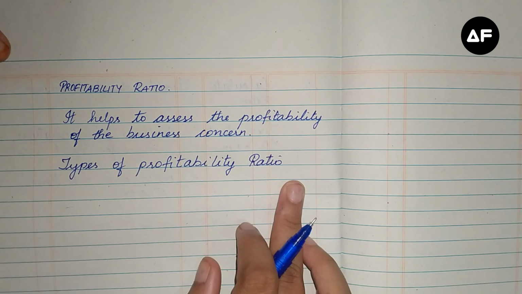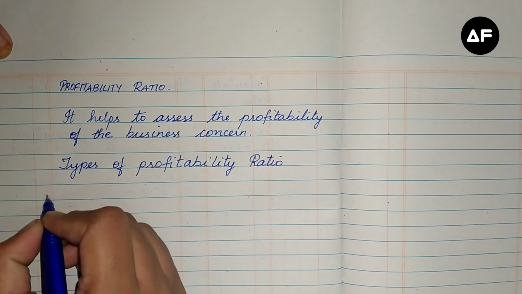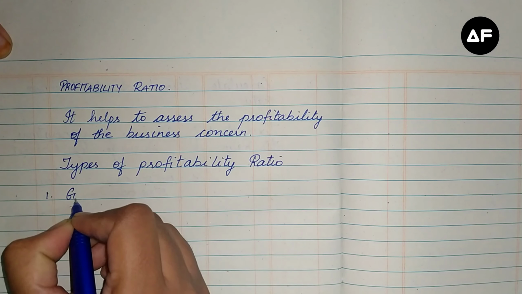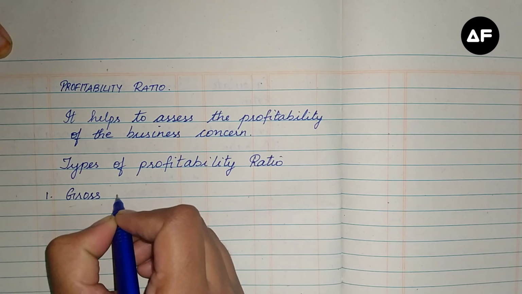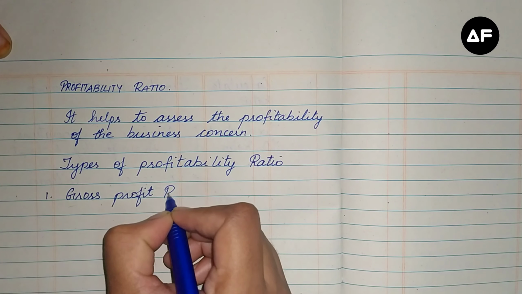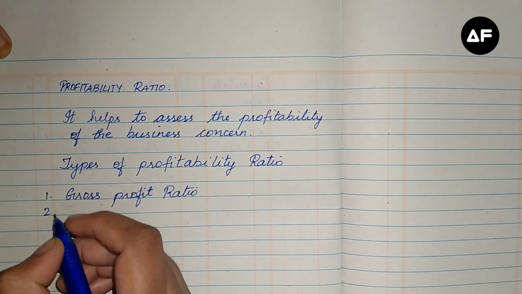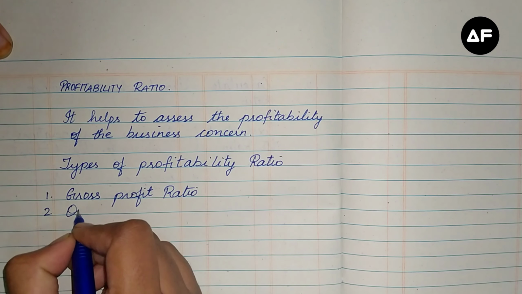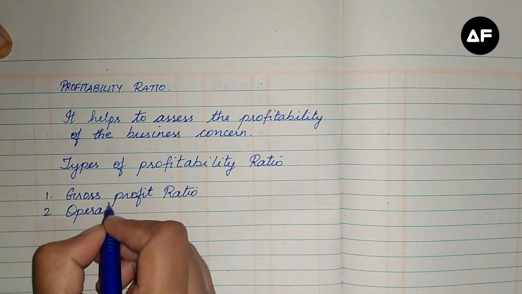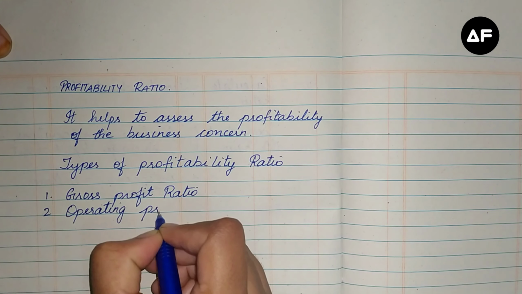Types of profitability ratios. So there are totally 5 types of profitability ratio. The first one is gross profit ratio. Secondly is the operating profit ratio.